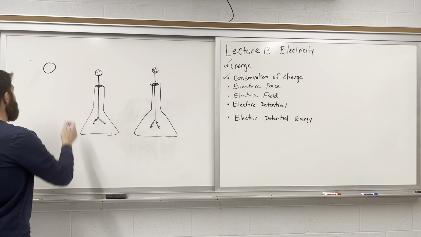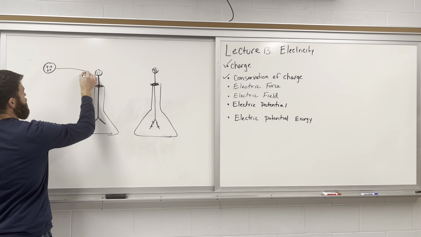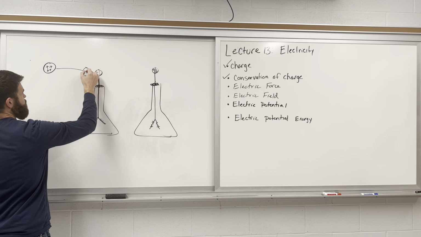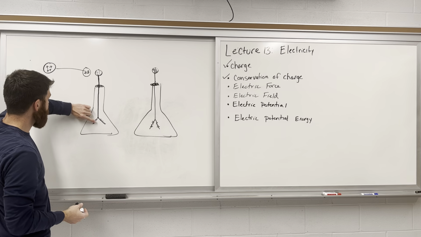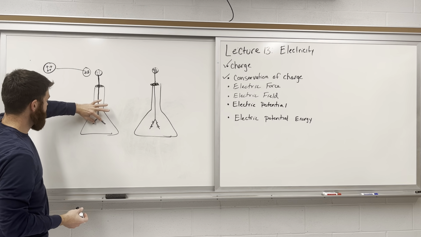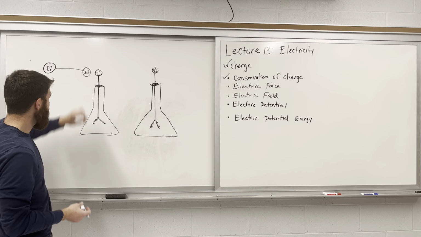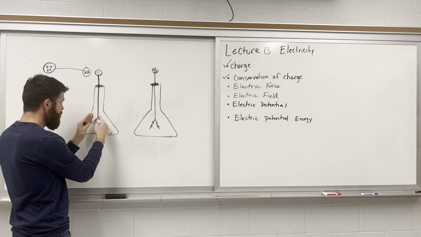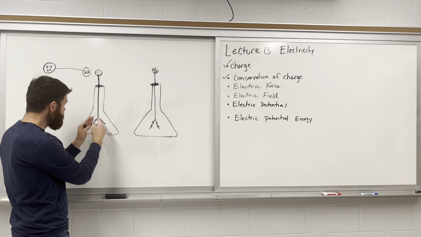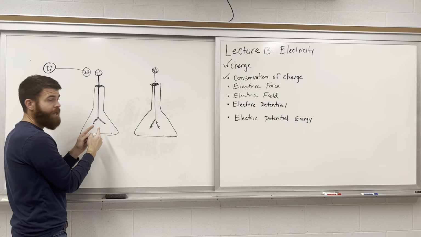However, let's say this has a positive charge. If we bring this near the electroscope, it's going to attract negative charge, so this excess negative charge is going to be pulled towards the top. There will be less excess negative charge in the foil, so a weaker repulsive force, and the pieces of foil will get closer together.